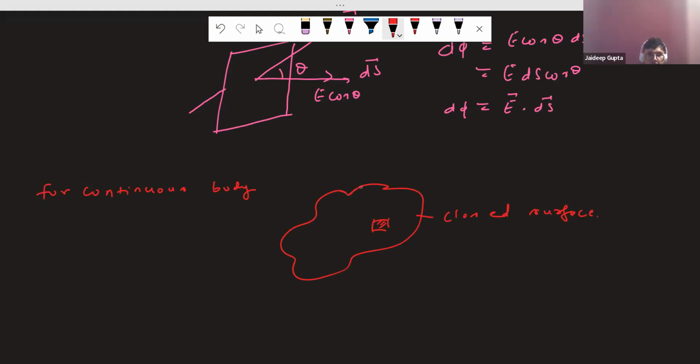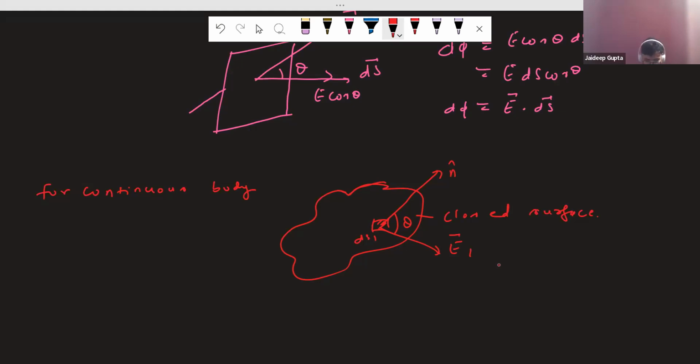This is a closed surface in which the area vector is perpendicular, that is n cap. It has area ds1, and the electric field is making an angle theta with the area vector. Let it be in the electric field, number of electric field lines passing through ds1.